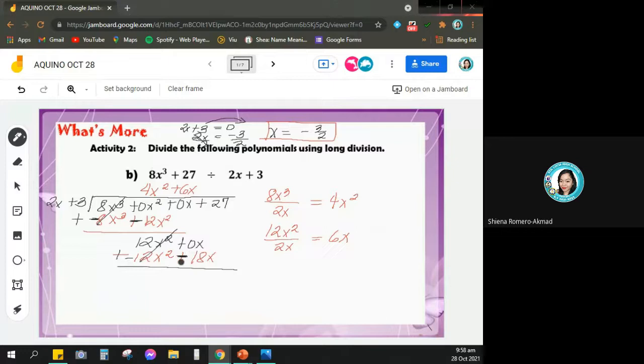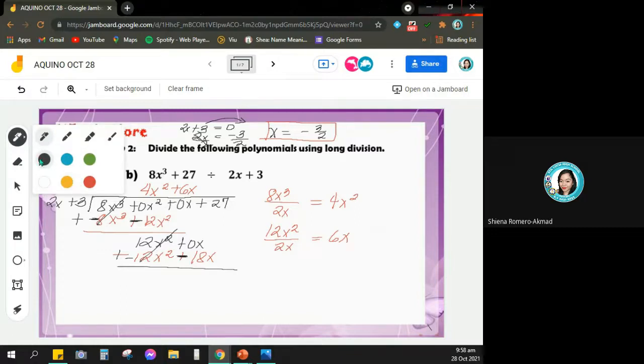So, we have 0x plus negative. Ay, wait lang. Di ba negative na siya kanina? You have to make it negative. Dapat negative siya. So, itong positive 6x, negative talaga yan.